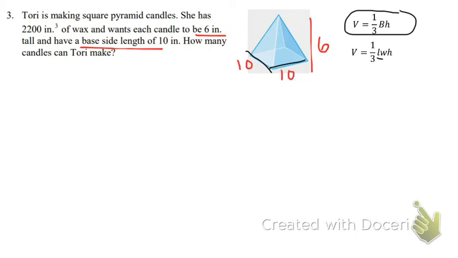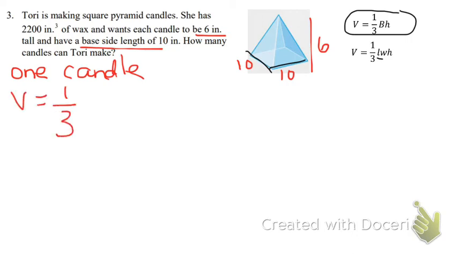So that's the situation we have for one candle. So let's find the volume of one candle. So the volume of one candle would be 1/3 area of the base, which is 10 times 10, times the height, which is 6.